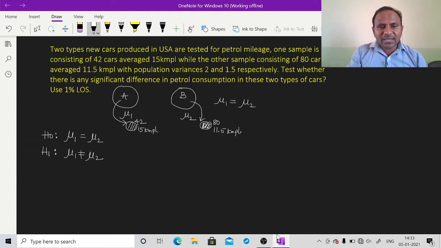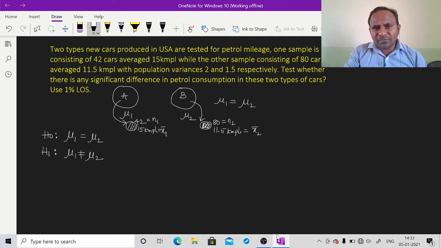So all the things that we have got are: sample size n1 is equal to 42, sample average mileage x1 bar is equal to 15 kmpl, whereas the other sample size n2 is equal to 80, and the mileage of this sample is 11.5, x2 bar. Now, using this information we are interested in testing whether this statement is true or false.